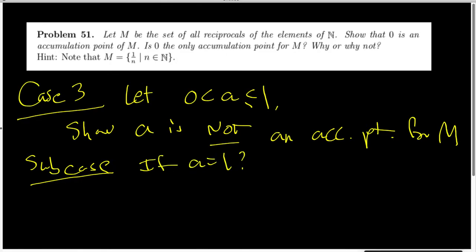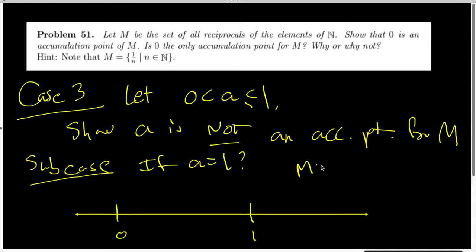Well, let's draw a number line. So here's my number line, here's 0, and here's 1. I'm going to remember that M is the set of reciprocals of the natural numbers, and we can start plotting these.